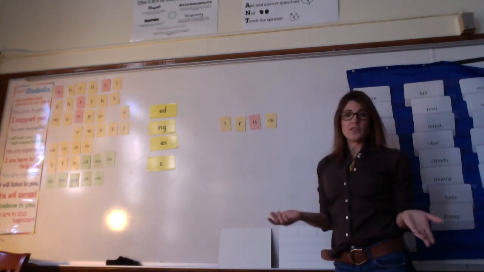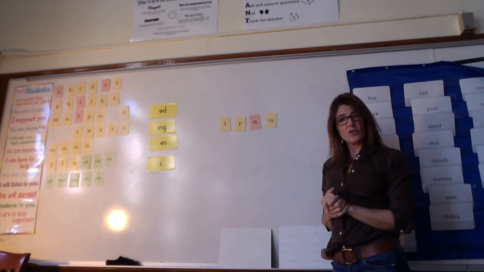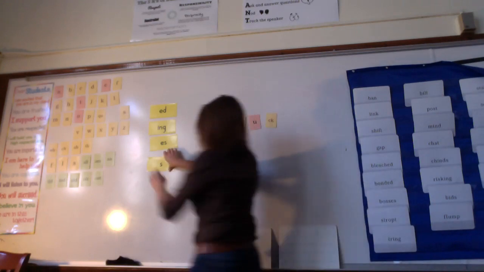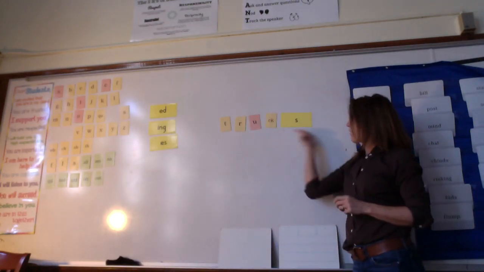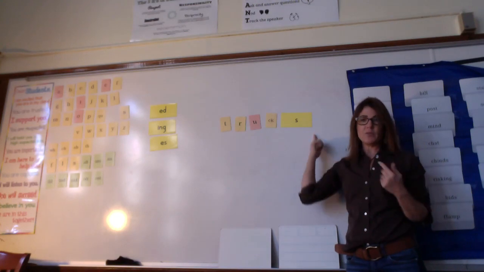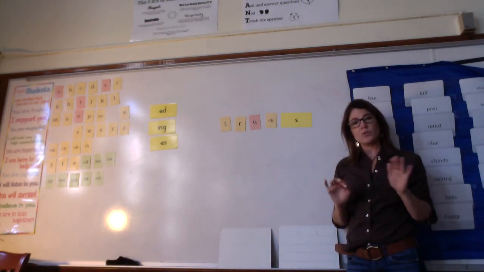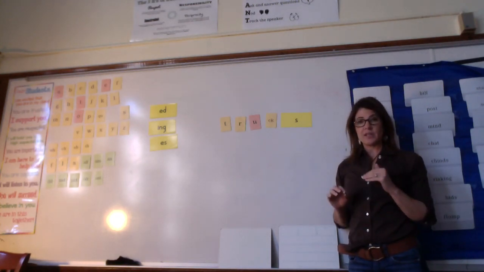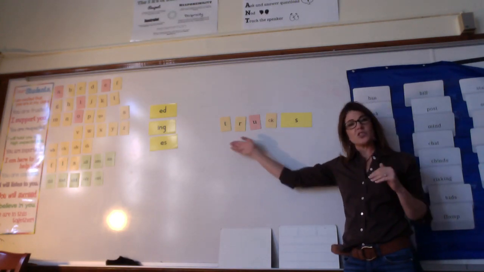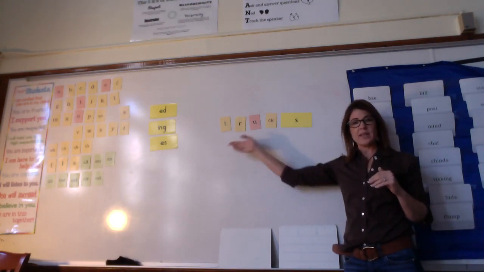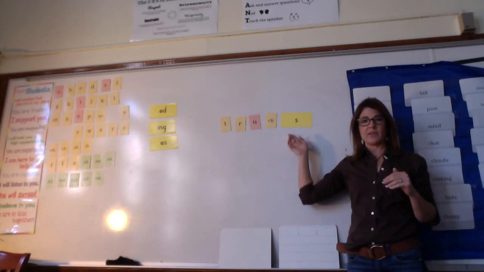So if I want to do more than one truck, I need to add the suffix S. So now it's trucks. Anytime you read in class a word with a suffix, you need to read it like this. Truck, trucks. You need to read the base word first and then read the base word with the suffix.